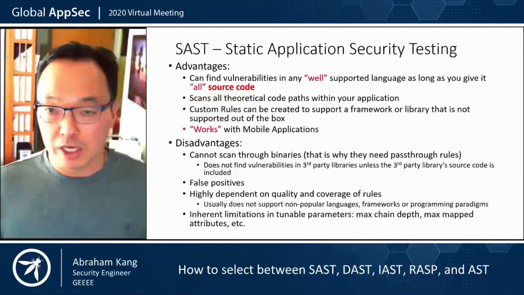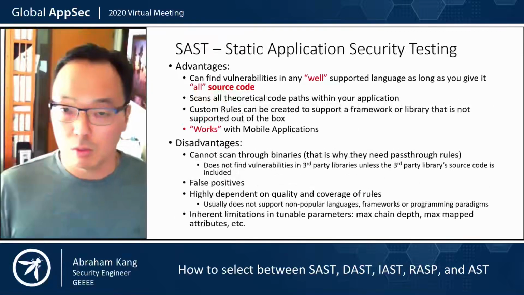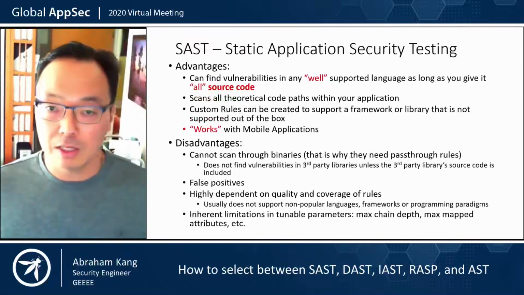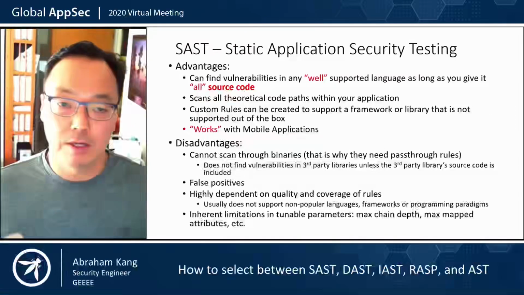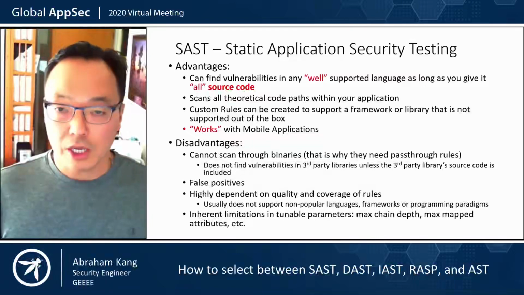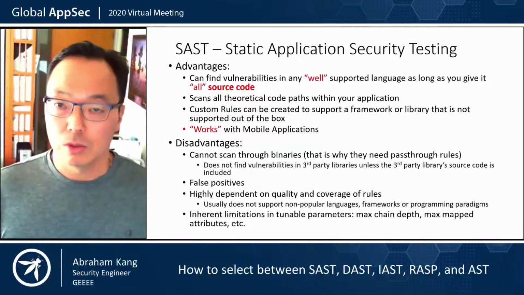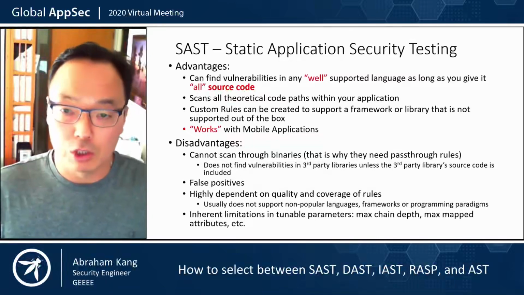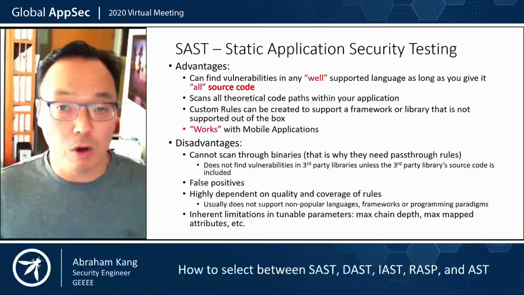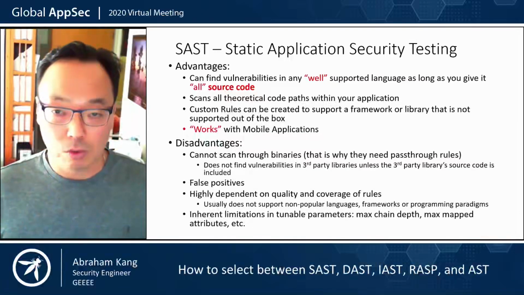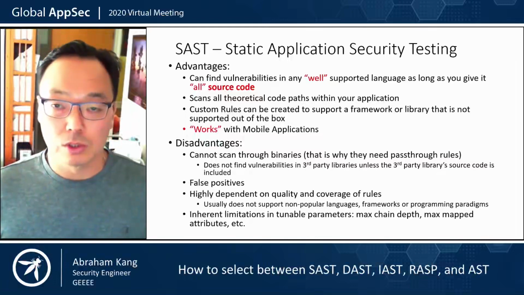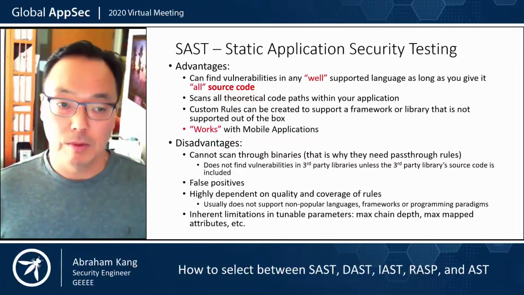So let's start looking at each of the tools individually. Let's start with static analysis because that is one of the first things that came out. And when you look at the advantages, if the language is supported well and you give it all the source code, then it's going to give pretty decent results if the rules are there.